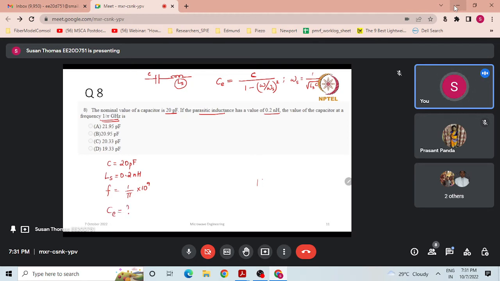To calculate that, we need omega S. Omega S is 1 by root of Ls, 0.2 into 10 power minus 9, into C, 20 into 10 power minus 12. If you calculate this, you will get omega S. I am just giving the final answers, and you can see whether you get this.